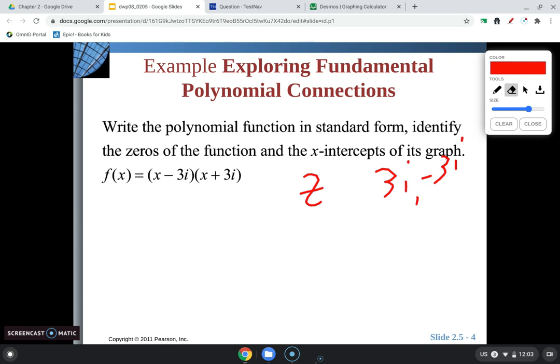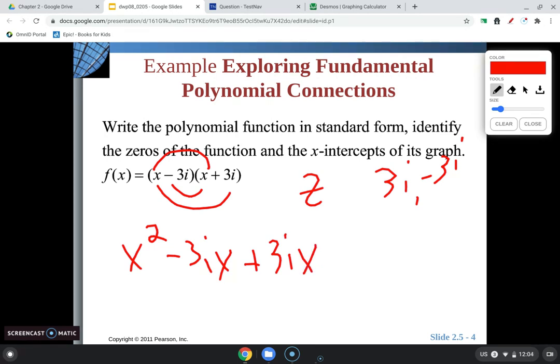And then to write the function in standard form, we're going to FOIL it. x times x is x squared, and then negative 3ix and positive 3ix and negative 9i squared.